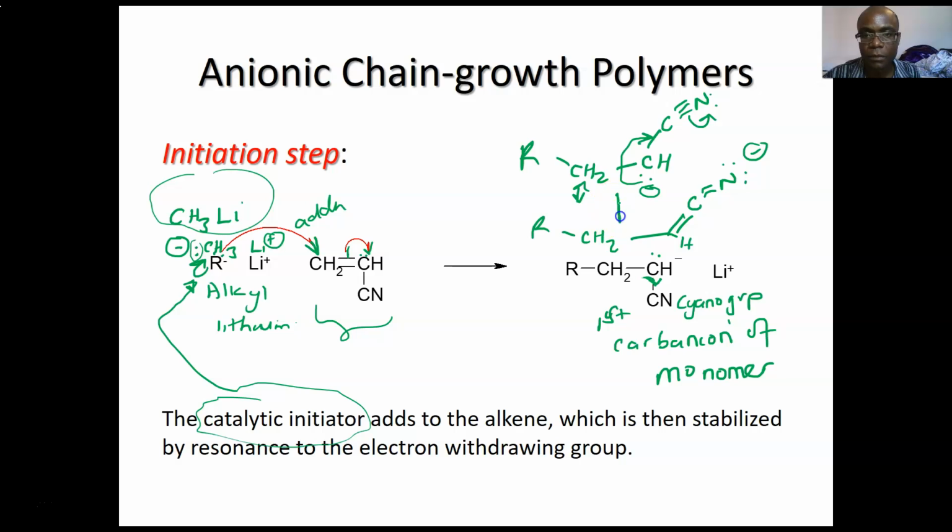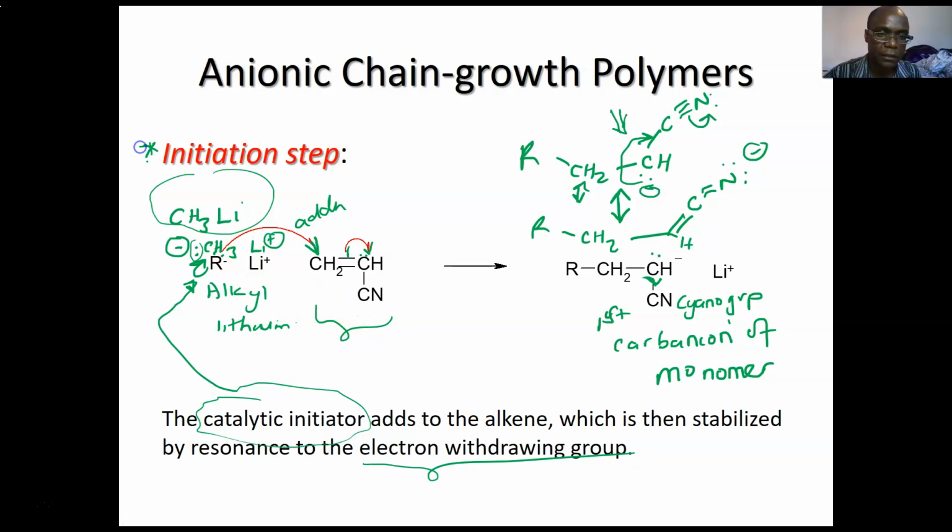So these two structures are resonance structures. The CN helps to pull electrons towards it, as shown with these arrows, how the lone pair can be pushed towards the nitrogen. So you want electron withdrawing groups for carbanions.